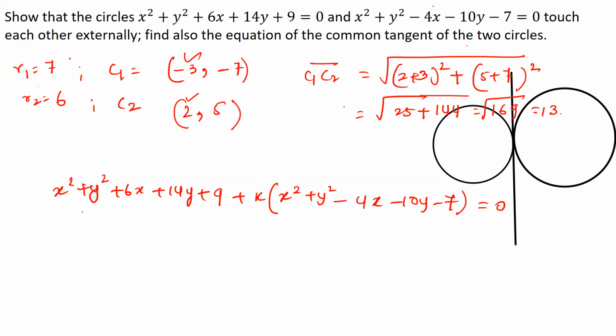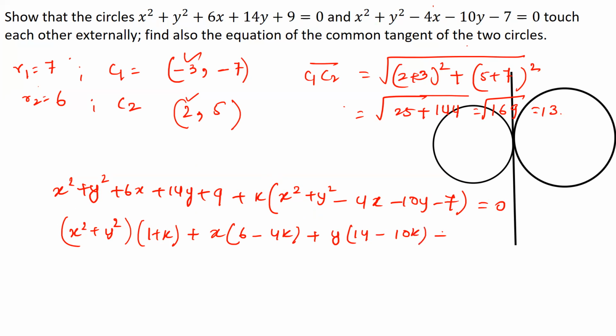Okay, so first of all let me take x square plus y square common. What I get is 1 plus k, and then if I take x common, I get 6 minus 4k, and if I take y common, I get 14 minus 10k, and then plus 9 minus 7k is equal to 0. Now if I want this equation to represent a straight line instead of a circle, then it should be only linear.